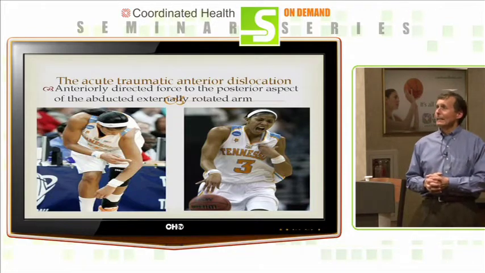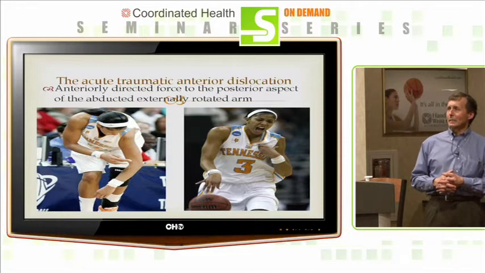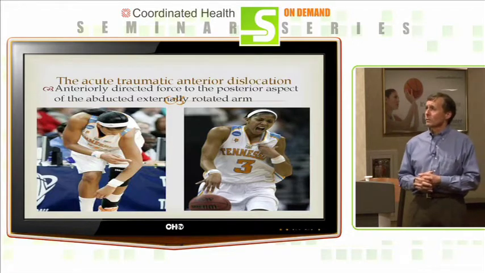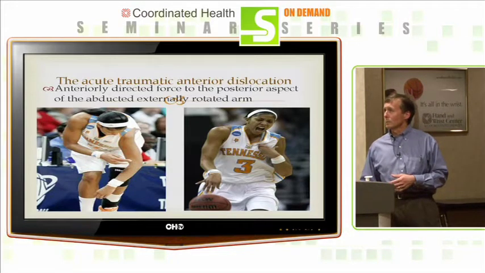So it's an acute traumatic dislocation out the front. That's the most common shoulder dislocation, anteriorly. And it's an anteriorly directed force to the back of the shoulder when the arm is abducted and externally rotated.